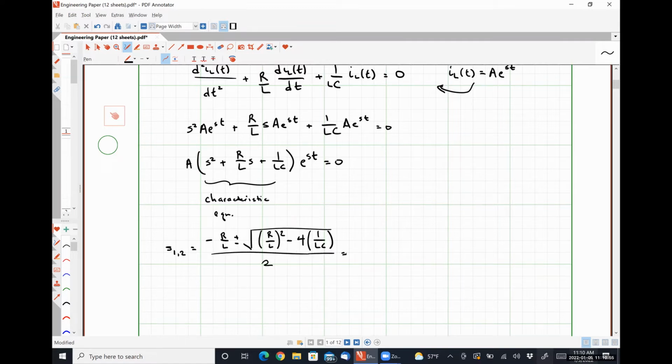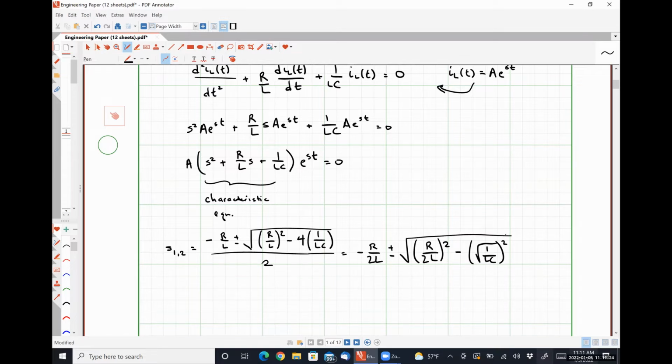which I can make look like negative R over 2L plus or minus the square root of R over 2L squared minus the square root of 1 over LC quantity squared.